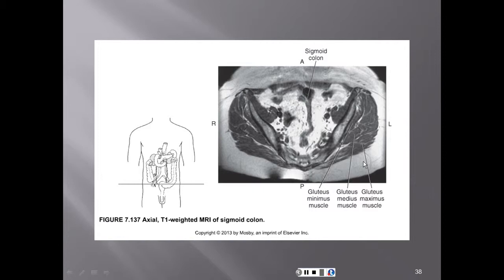You could tell that because you can look at the grayscale of the fat of the surrounding abdomen and correlate that with the grayscale of this fat and come to the conclusion that it is intra-abdominal fat. But this does give a good picture of the gluteus minimus. This is the border right here of the gluteus minimus, the gluteus medius. So all this is the gluteus medius and the gluteus maximus, which is all this muscle right there.